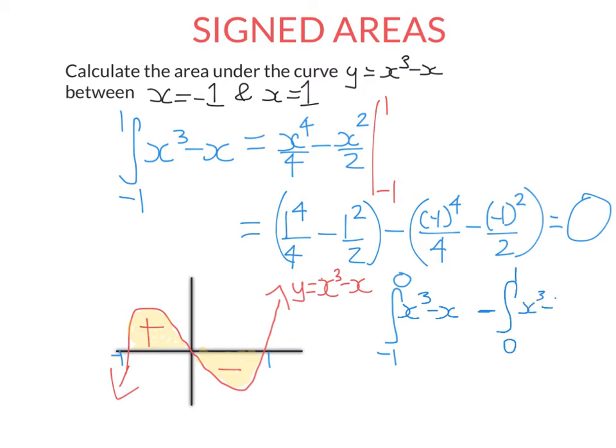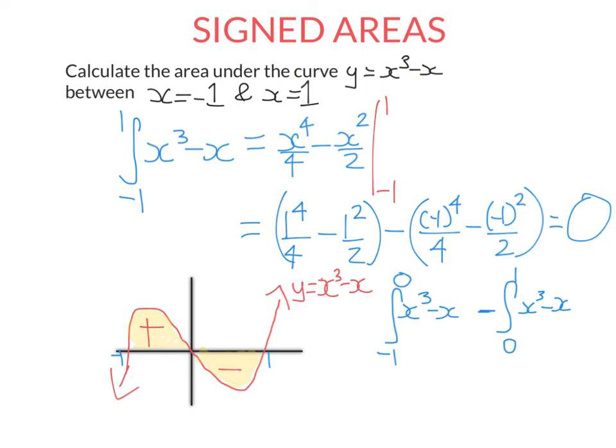So why did I subtract? Well, because this is a negative, subtracting means that I will make this whole thing into a positive. So I've got this area plus this area. Subtracting the integral when it's below the x-axis makes it a positive. Some of the work I've done up here will be useful.